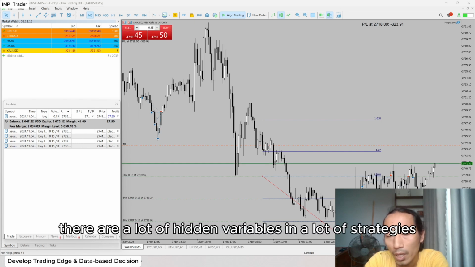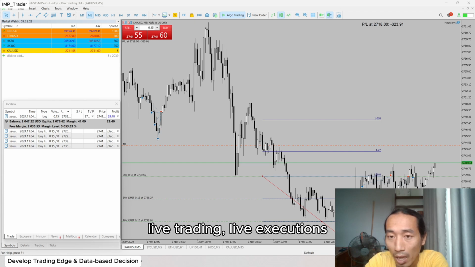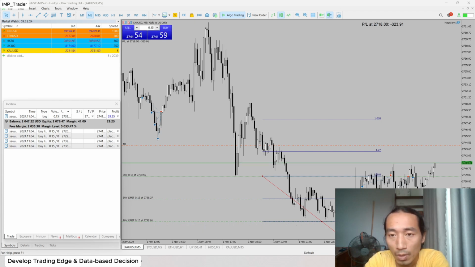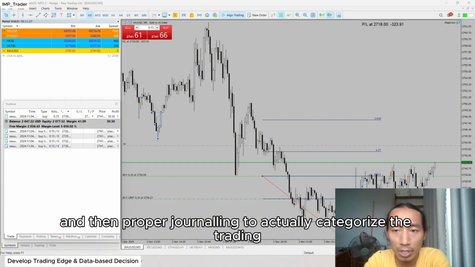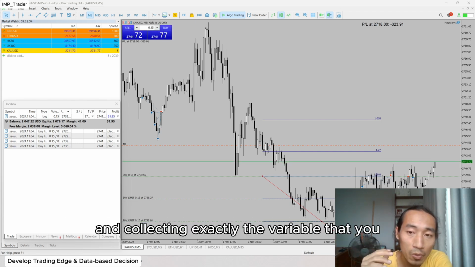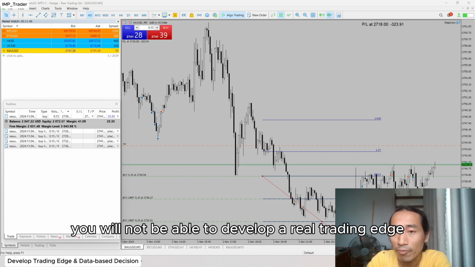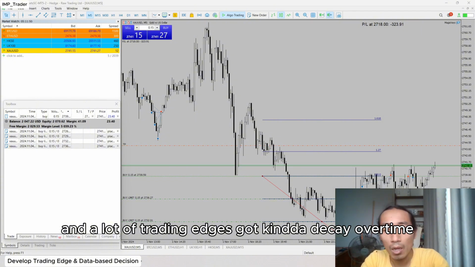There are a lot of hidden variables in a lot of strategies, and without live repetition, live execution, and then proper journaling to categorize the trades and collect exactly the variables that you believe are going to be helpful in the future, you will not be able to develop a real trading edge. And a lot of trading edges decay over time.